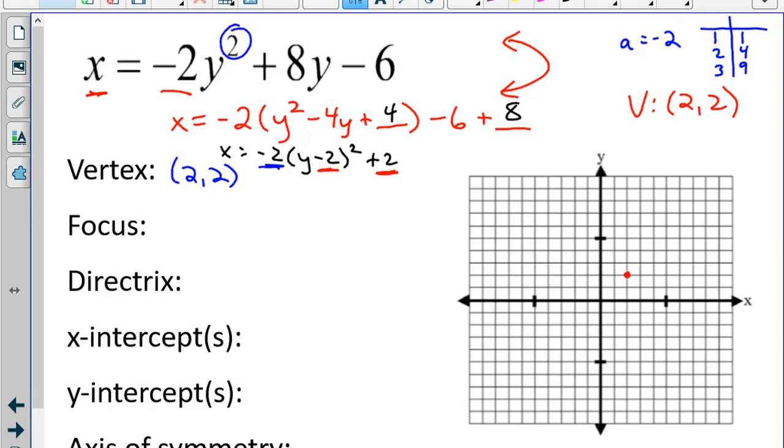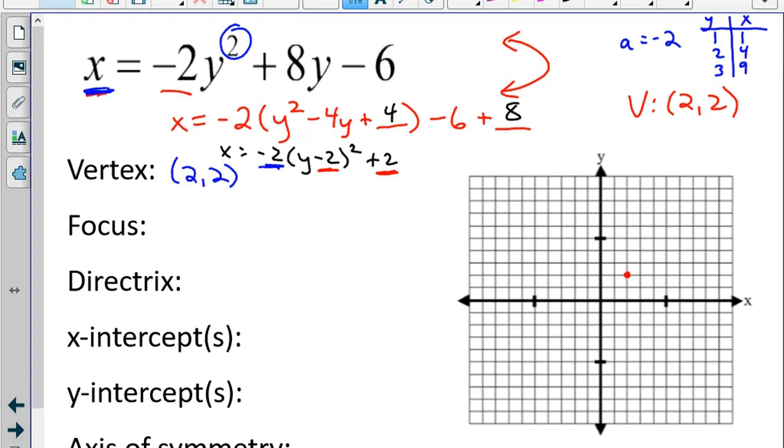But in this case, since this is an x equals graph, I'm actually going up 1, over 1, up 2, over 4, up 3, over 9. So in this case these are the y's and these are the x's, because this is an x equals graph.